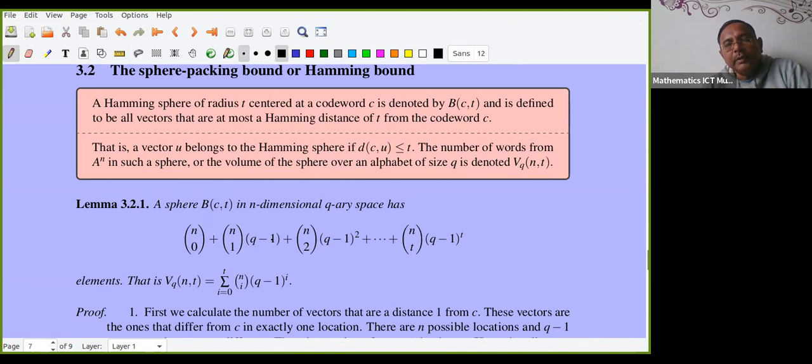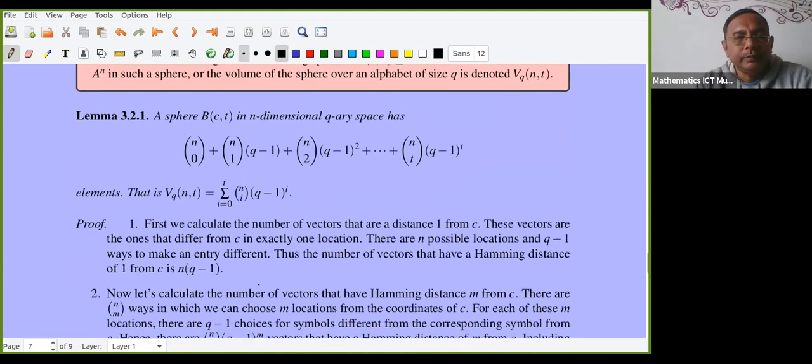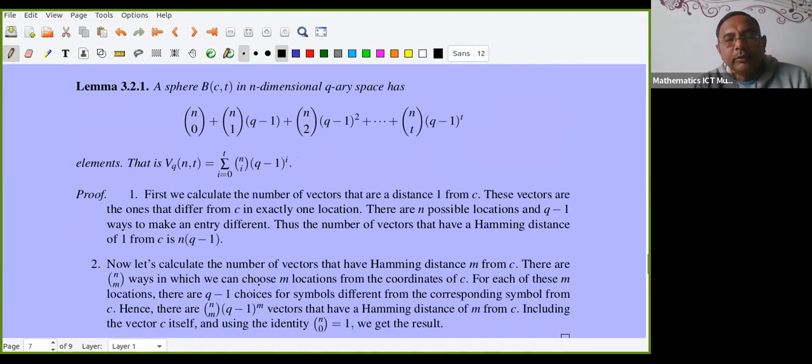Then n choose 2 times (q minus 1) whole square, and so on. So the volume is the sum of n choose i times (q minus 1) power i. We did this as a tutorial problem in the last tutorial.